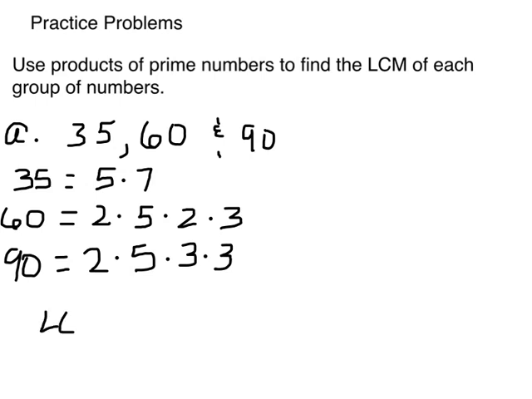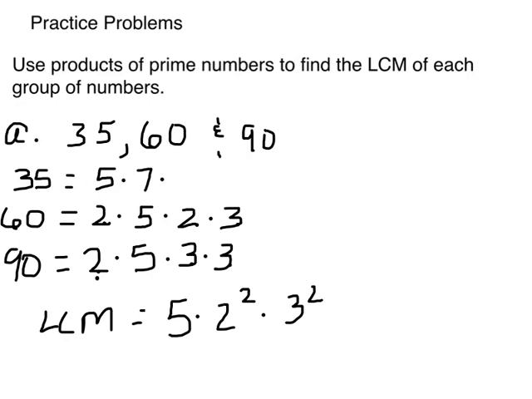All right, so the LCM would be, we have 5 used once in all 3 places, so we're going to put 5. We have 2 here, no 2's here, here we have 2 squared, so I'm going to say times 2 squared. And here we have a 3 one time, but we have it twice here, so I'm going to say 3 squared.